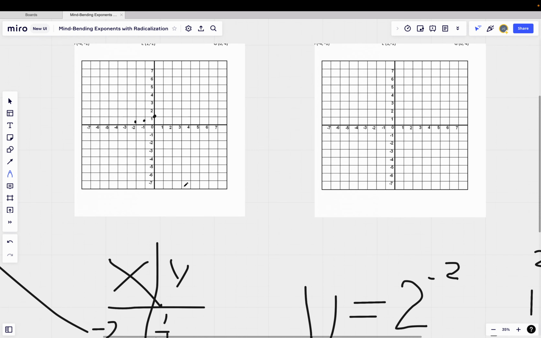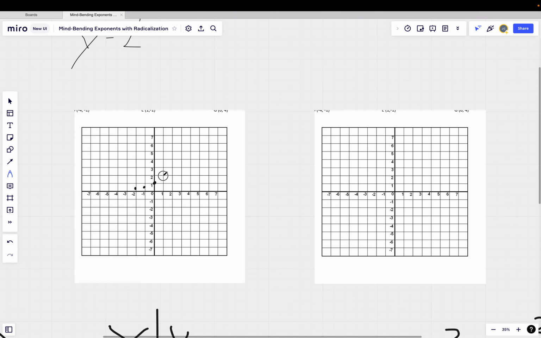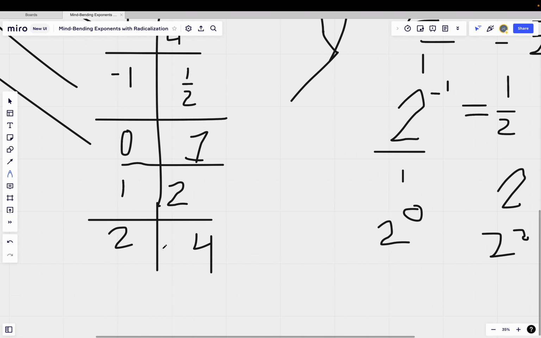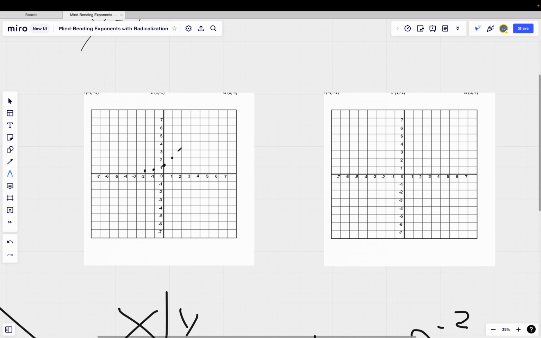When x equals 1, y equals 2. When x equals 2, y equals 4. And now we're just going to draw a curve. And we drew our curve.